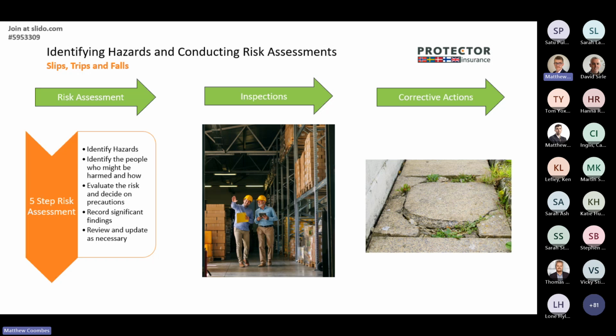So regular workplace inspections are a fundamental tool in this process. During these inspections, look for common hazards such as spills, uneven flooring, loose cables, or poor lighting that we've already touched on. These inspections, though, should both be scheduled and unscheduled to get an accurate picture of the workplace conditions, and then record the findings of your inspections and use this to conduct periodic trend analysis going forward.